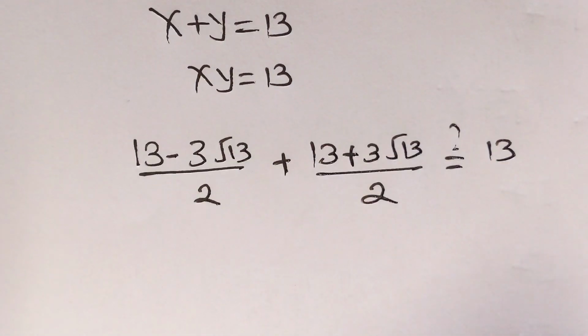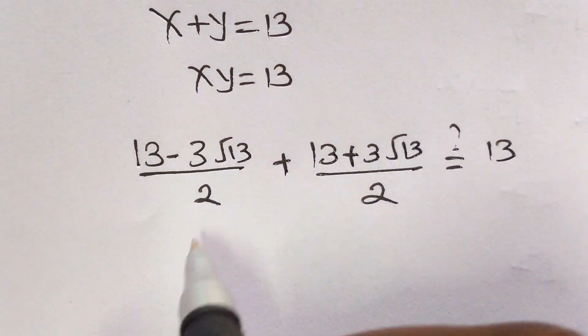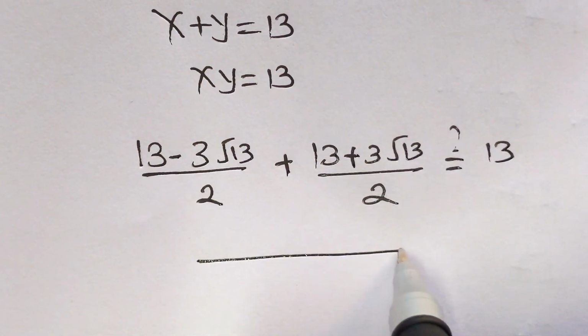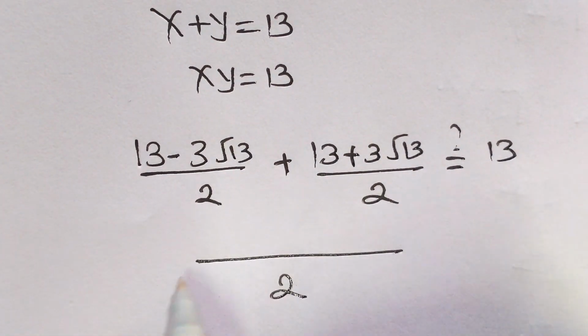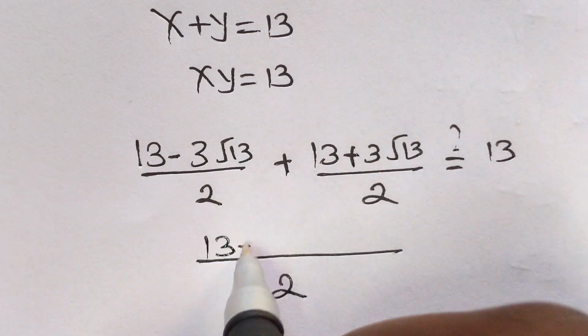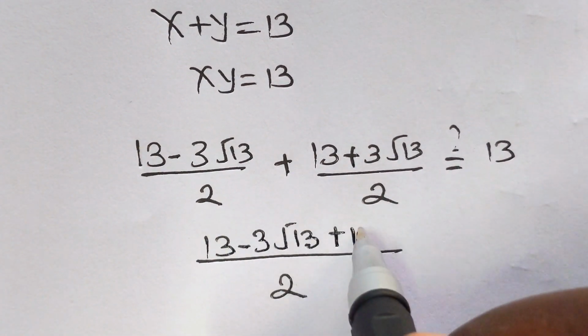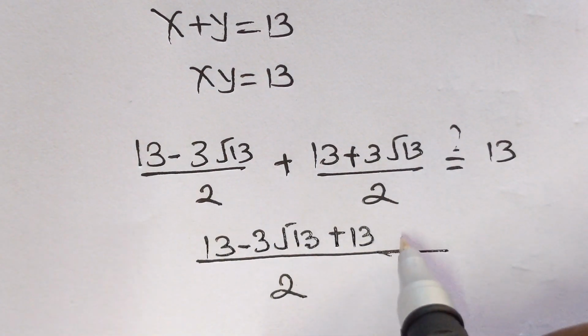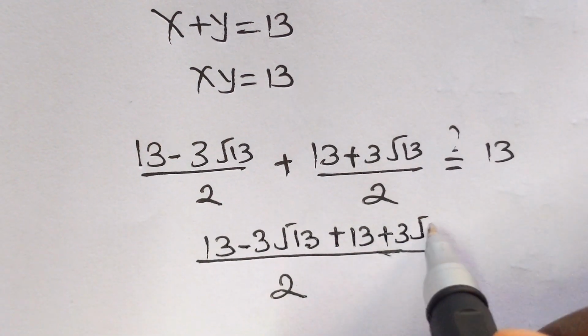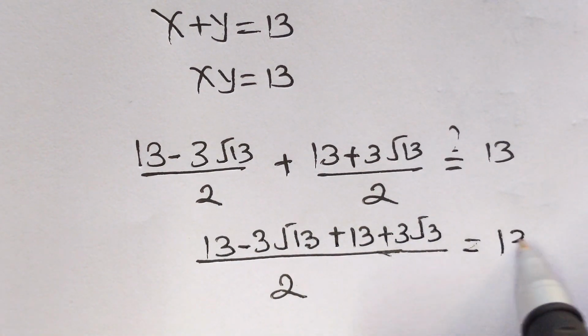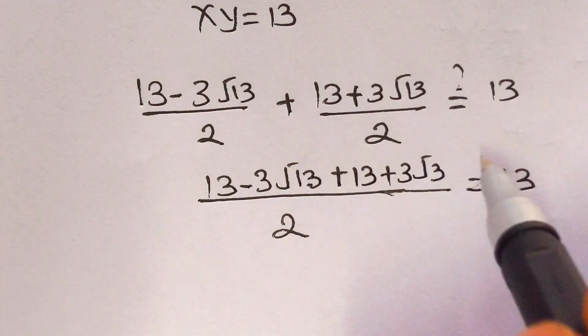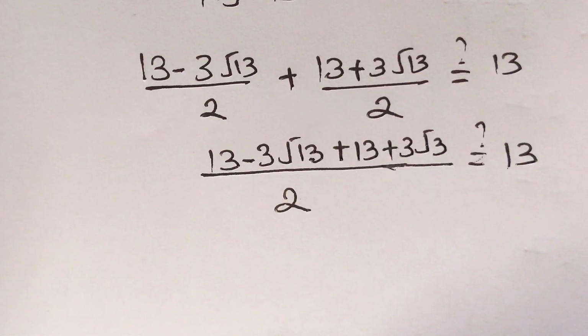Because we have the same denominator, we shall add them to get 2 here: 13 minus 3 square root of 13 plus 13 plus 3 square root of 13, which should equal 13.